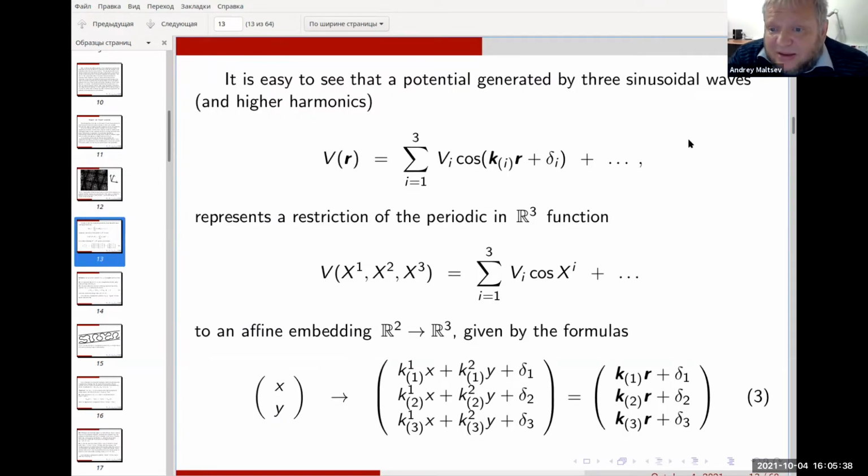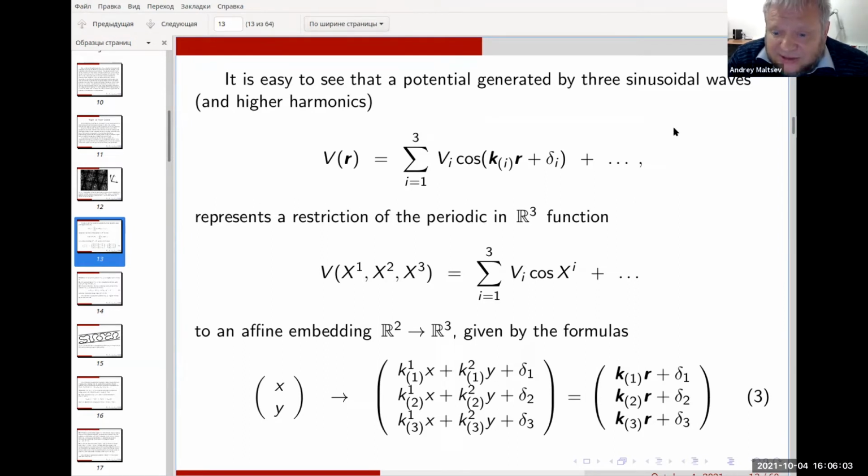Let us make a remark that if we have a potential written here at the top of our page with 3 different independent cosines in the plane, then this function is, of course, a quasi-periodic function with 3 quasi-periods.